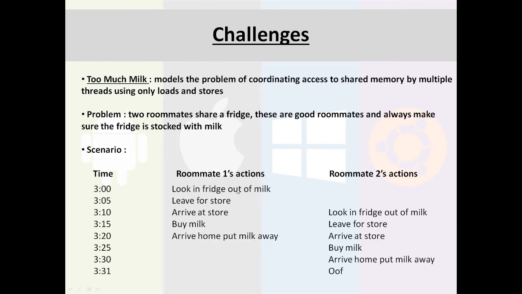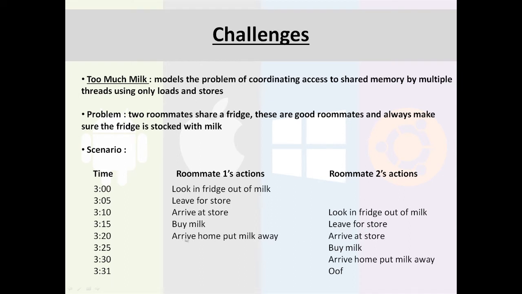Now, one scenario that can occur is that at 3 o'clock, roommate 1 looks in the fridge, he realizes they're out of milk, and then he decides to go to the store. Now, during this time, roommate 2 comes in, he also looks in the fridge, he realizes that they're also out of milk, and while roommate 1 is already arriving at the store, this occurs. Now, both of them decide: roommate 1 says, I'm going to go buy milk, and roommate 2 says, okay, well, let me leave to go buy milk.